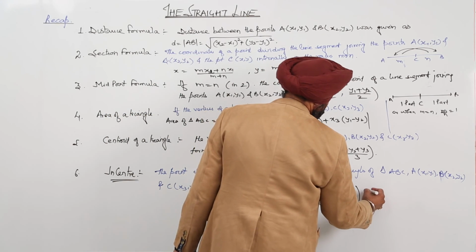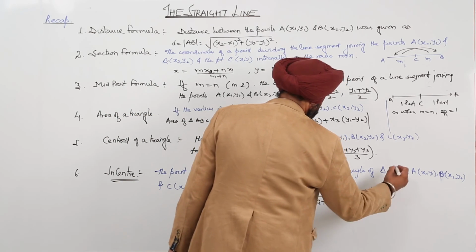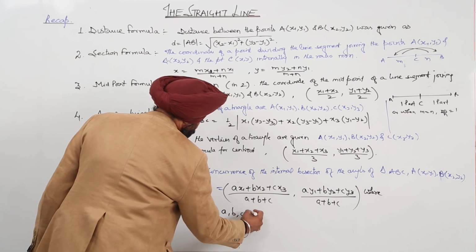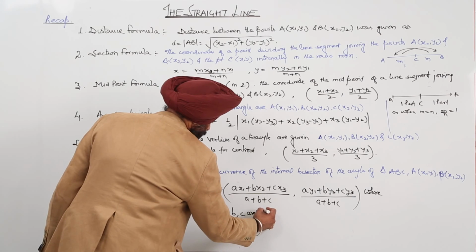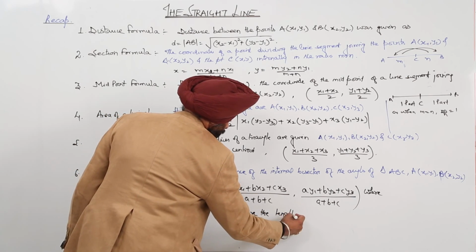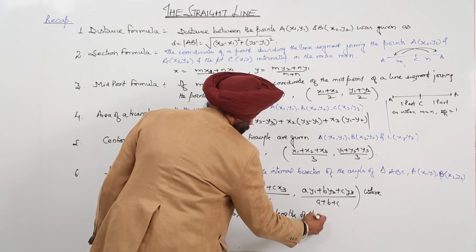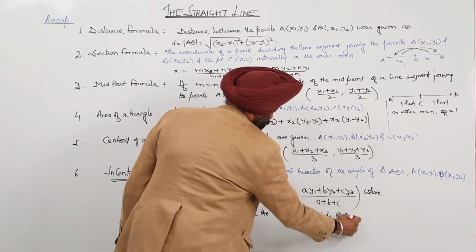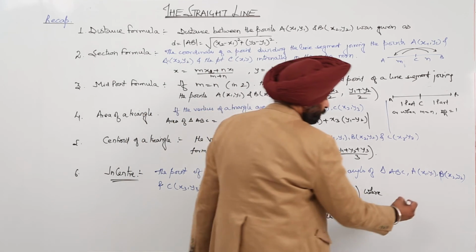where a, b, c are the lengths of the sides of the triangle. Now how come?